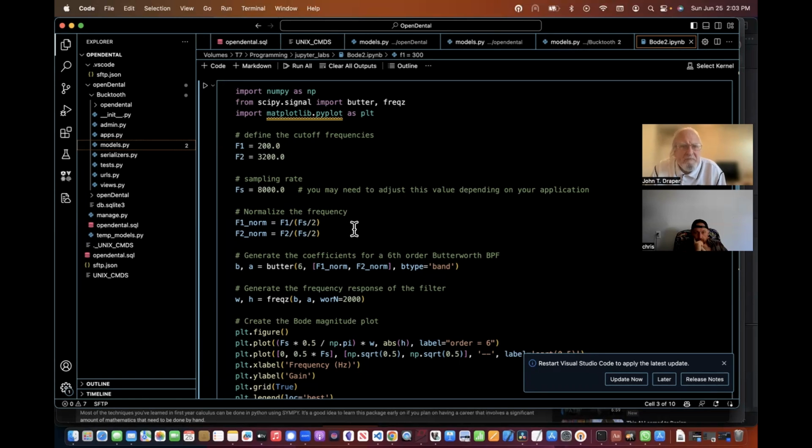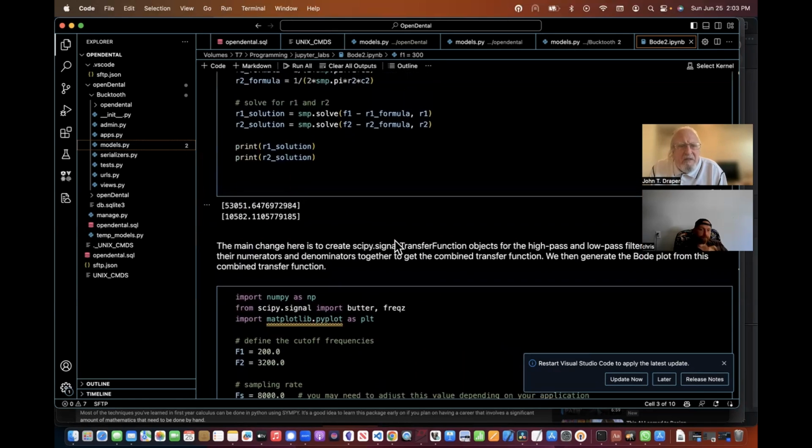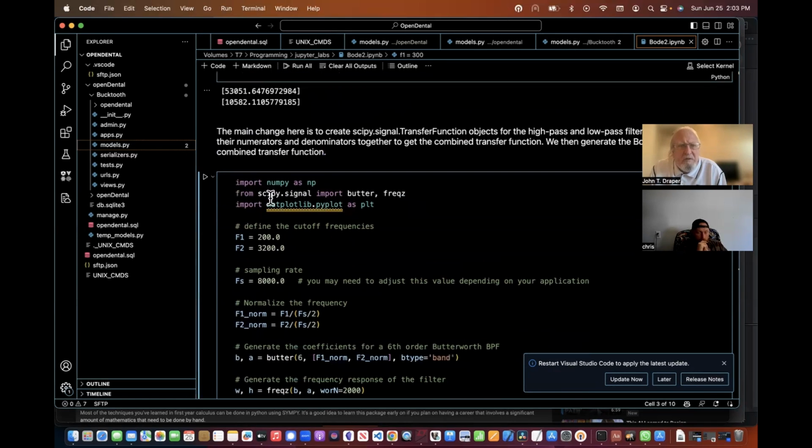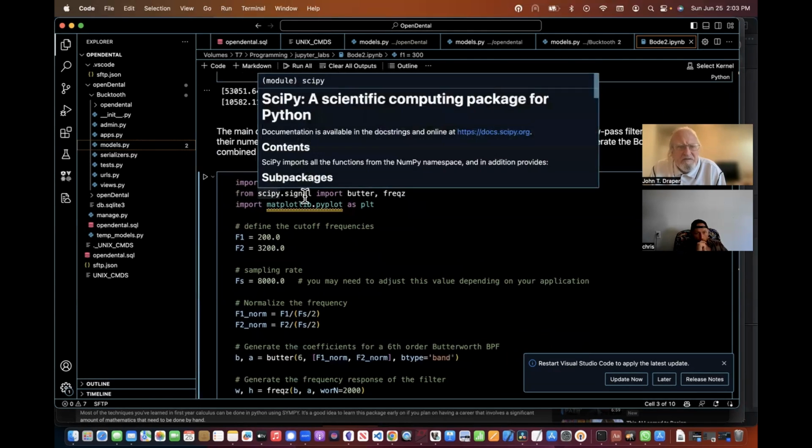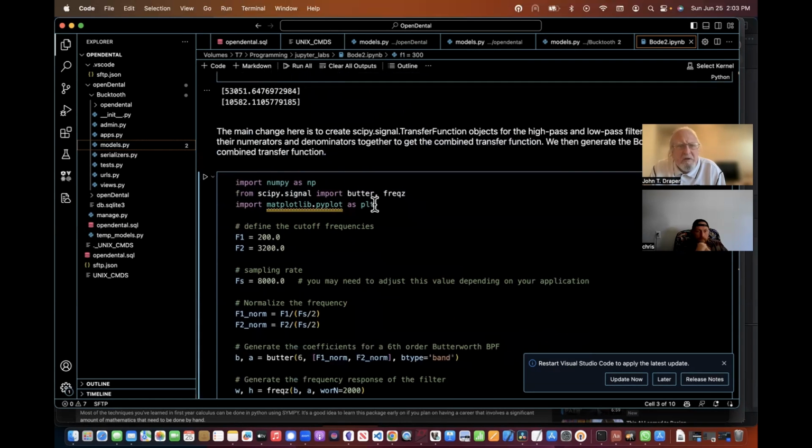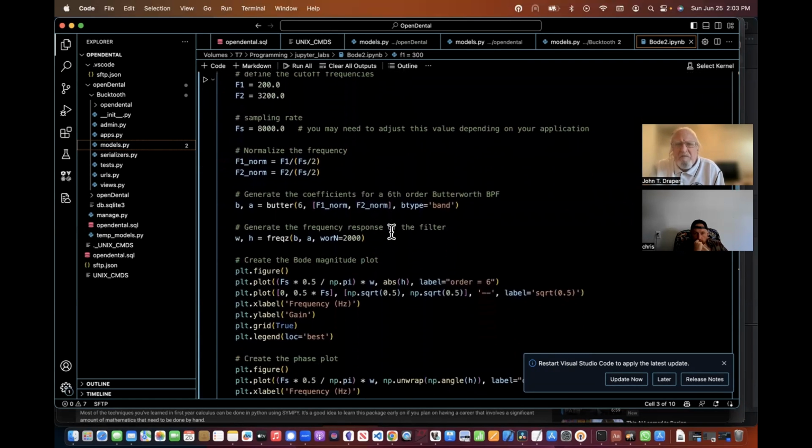Okay, that's normalized with an 8K sample rate. We have to generate the coefficients for the 6th-order Butterworth bandpass filter. Okay, this is again a function that was imported up here from SciPy.signal, and it's imported as butter. The butter stands for Butterworth.